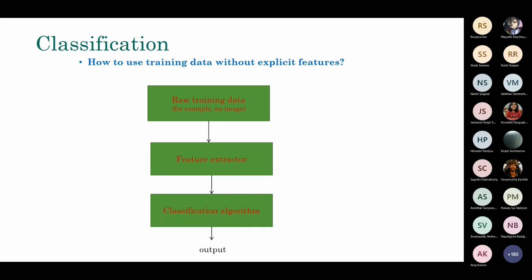But many older machine learning models, like decision tree, k-nearest neighbor, support vector machine, and so on, in most cases we explicitly assume that we have the features ready with us. If we do not have that, we have to use a feature extractor to get the features, and only then can you apply them. So that's more or less the pipeline when you have training data without explicit features.